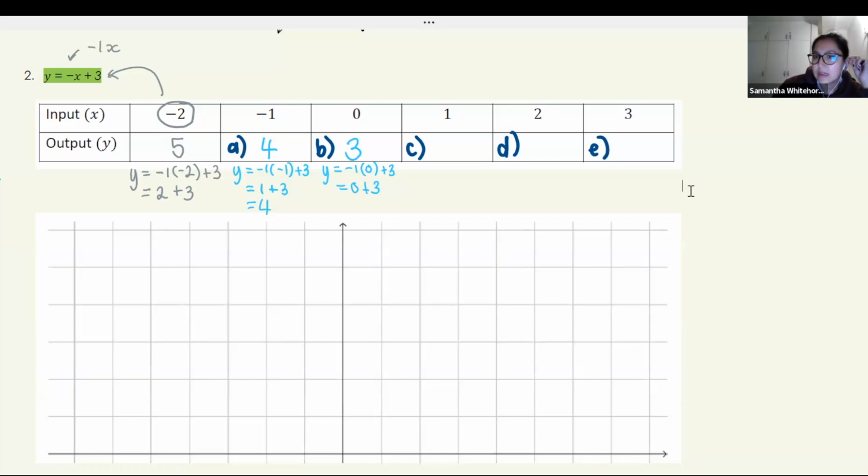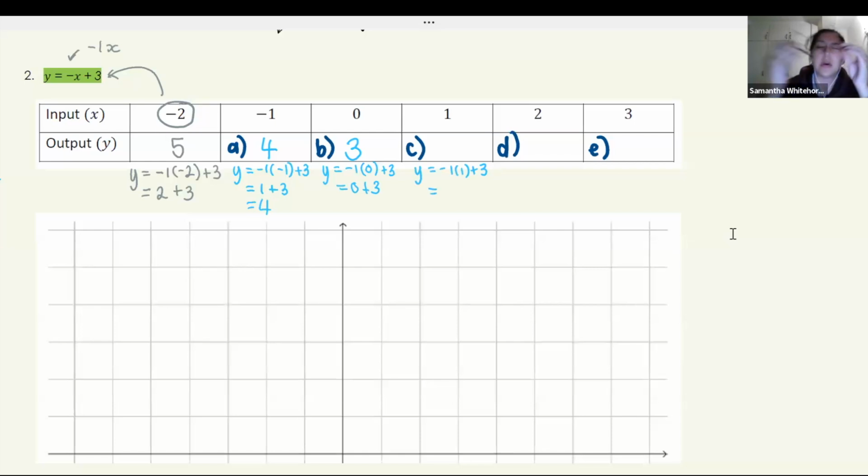What's going on here? Sange, would you like to give us C? Ma'am, for C, I said y equals -1 times 1 and then plus 3. And I got 4 as an answer. Okay.